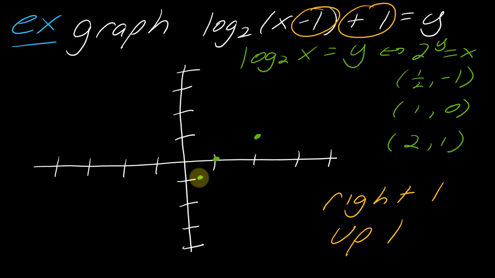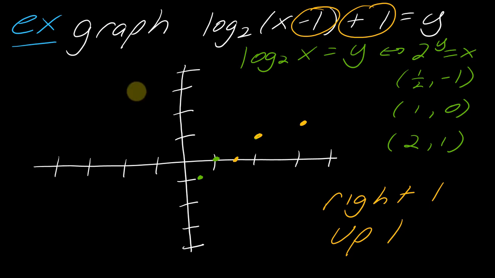So I'm going to take this point and move it right 1 and up 1. I'll take this point, move it right 1, up 1. Okay, so that's now overlapping the green point, and then where this green point was, I'll move it right 1 and up 1. So now I've carved out the shape for my translated graph.